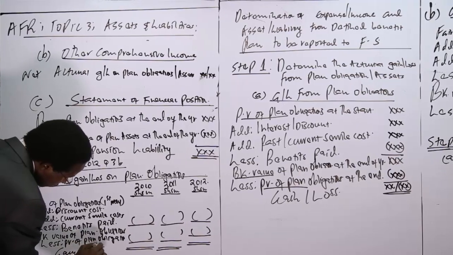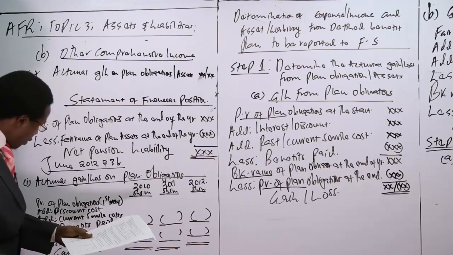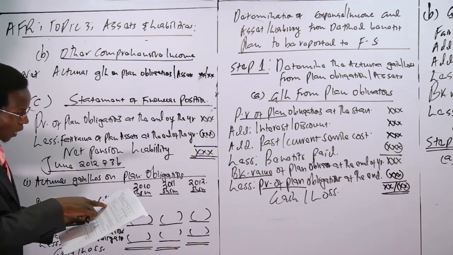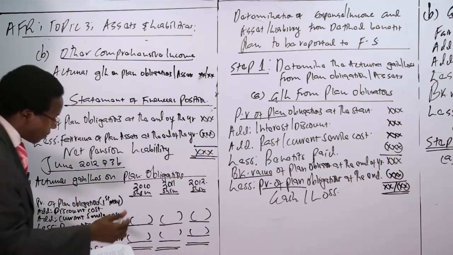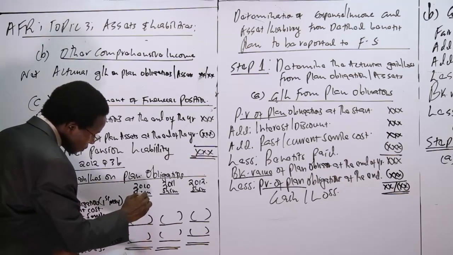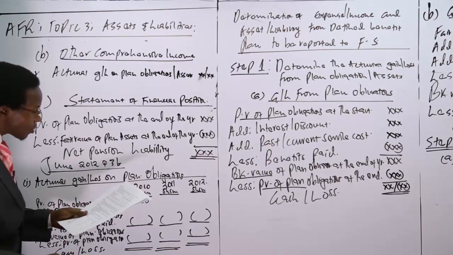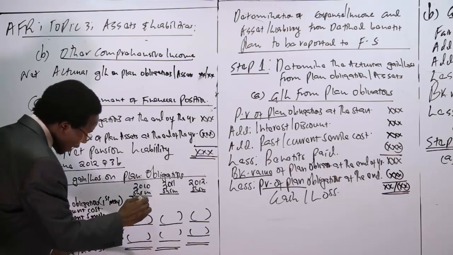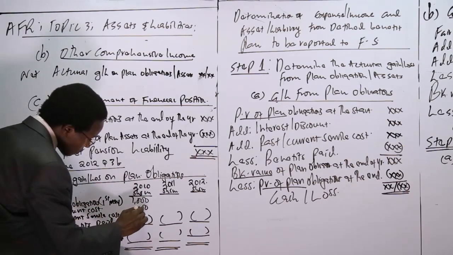Fine. At the beginning of 2010, we recognize the present value of the plan obligations, which were given in the paragraph that the present value of obligations and fair value of the plan assets were the same. So it was 1,000 million. Then we have been told that the discount for 2010 is 10%. So 10% on 1,000 is definitely 100. Then we have the current service costs of 130.